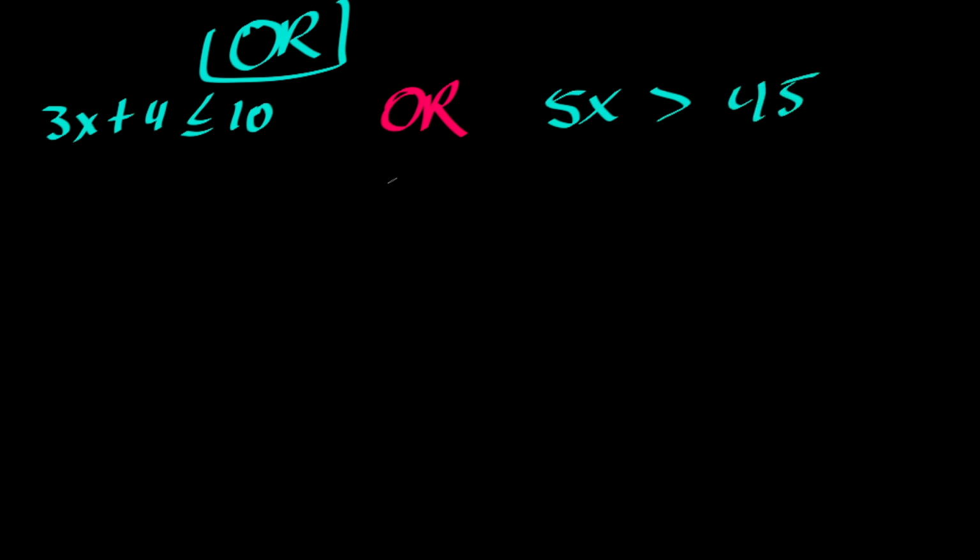When we want to solve a compound inequality, essentially we just solve the left side of the or, then we solve the right side of the or, and then we'll have our two answers with or in the middle.